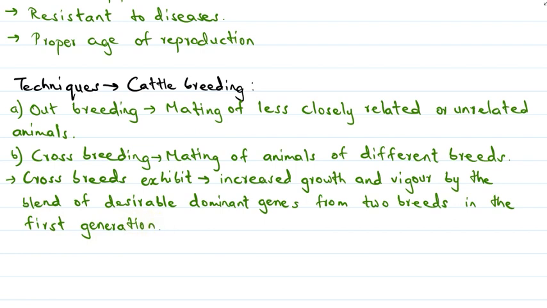Okay, so these two methods that we have discussed till now, outbreeding and crossbreeding, are the natural methods. The mating happens in the natural process.